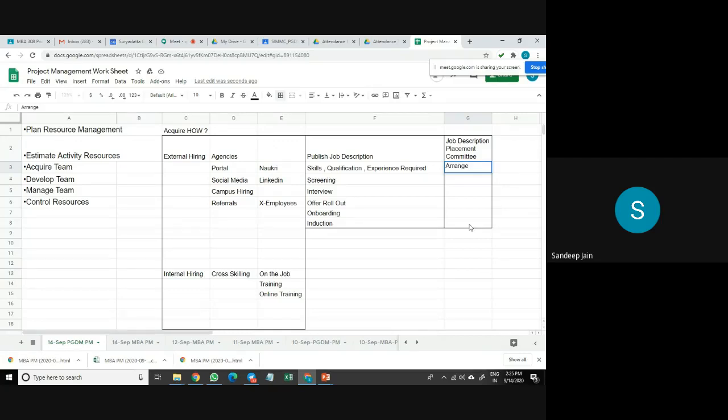Arrange training rounds. This may involve a written aptitude test, it may involve group discussion, it may involve anything else as well. What else? Also selecting the interviewer. No, this is the campus institute placement committee.